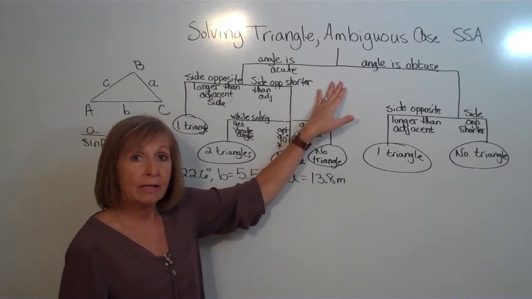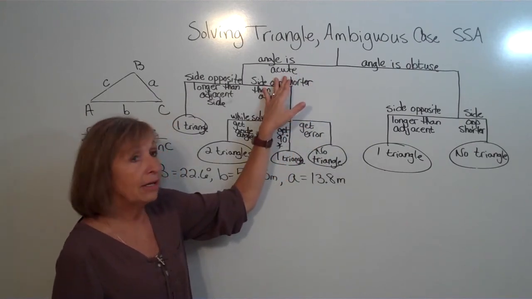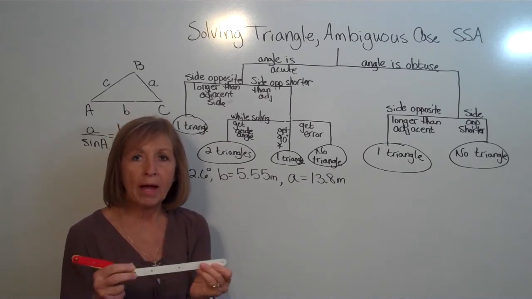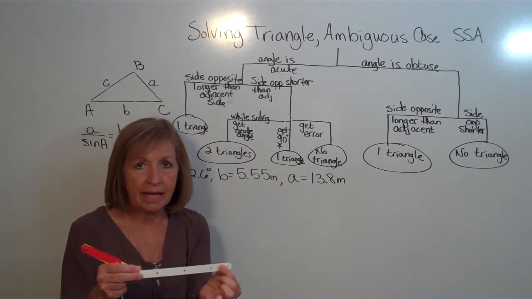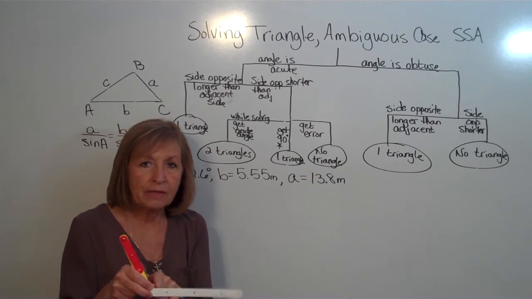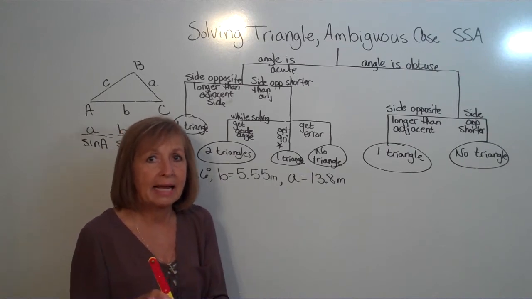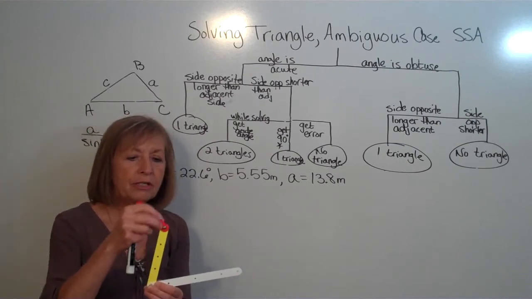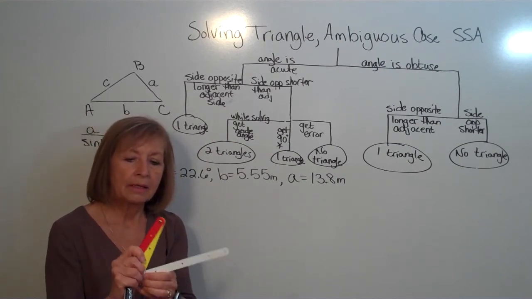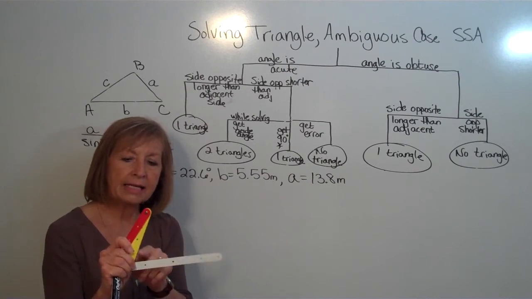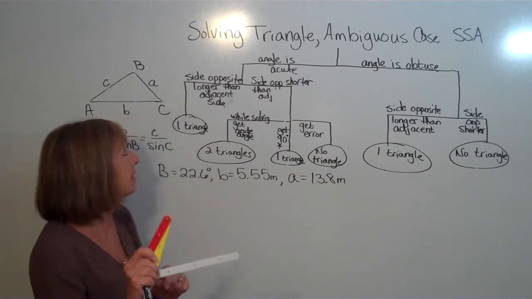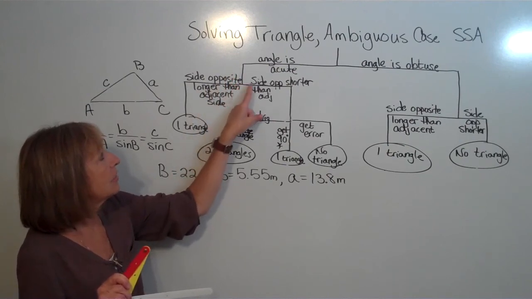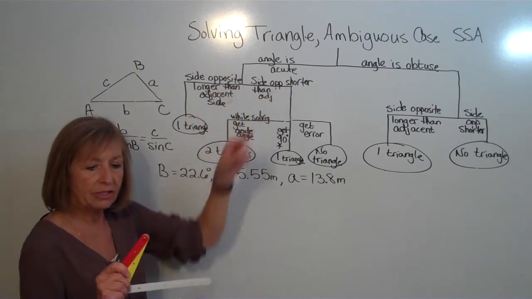Once you know what angle you have, if your angle is acute, let's say we have this right side being not one of the sides that we know, and I'm going to do the angle first and then the sides that I do know. So if my angle is acute, I'm going to make an angle here that is between 0 and 90 degrees, and the side opposite is shorter than the side adjacent.